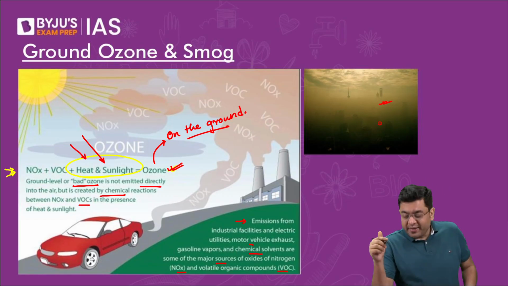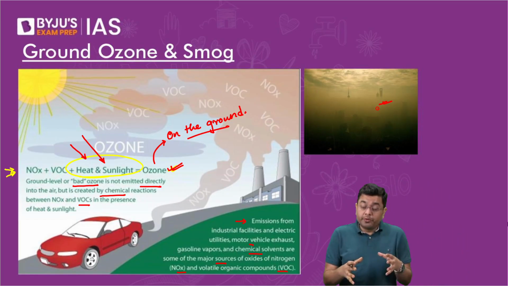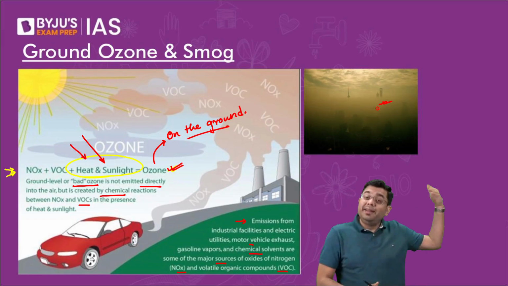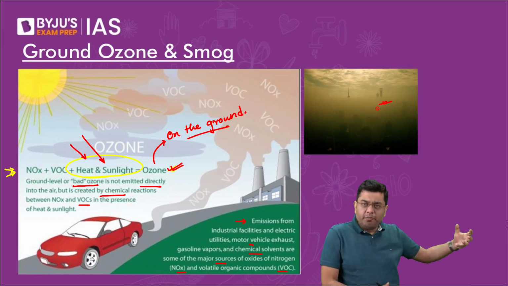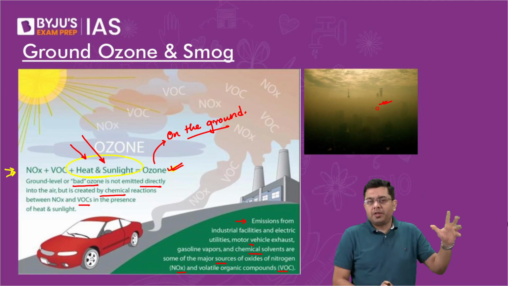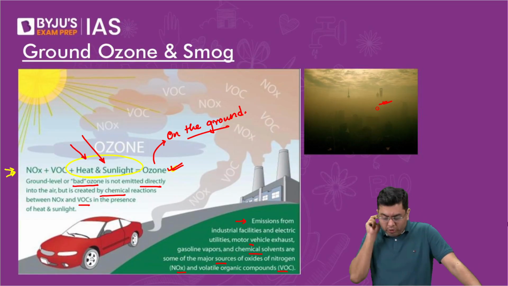This brownish haze that is formed is also what is photochemical smog. That gets formed when this ground level ozone stays there for a longer period of time, and then interacts with the other kinds of pollutants, such as the unburnt residue of various different hydrocarbons. We will take a look at that particular reaction also.